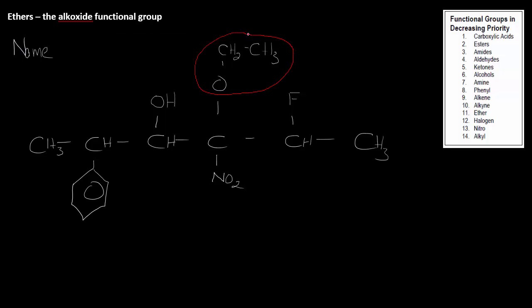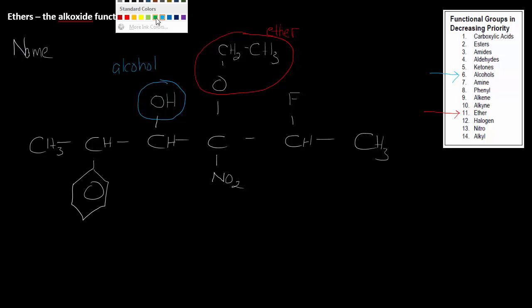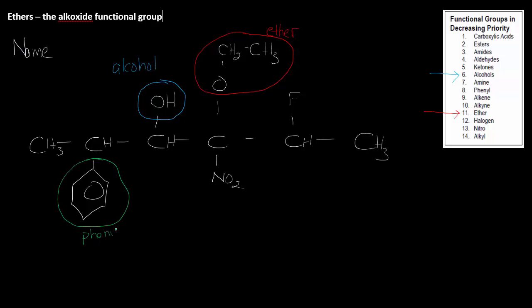I'm going to go through and circle all of the functional groups and figure out what they are. Here's an ether, that's number 11. An alcohol, in this case, is number 6 on the list. My phenyl group comes in at number 8 on the priority list.